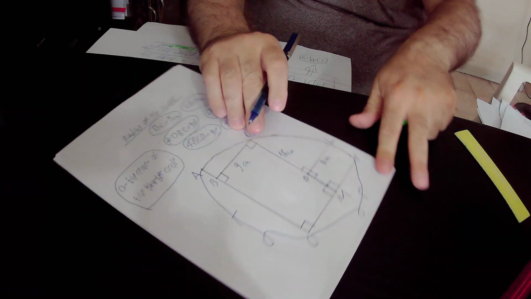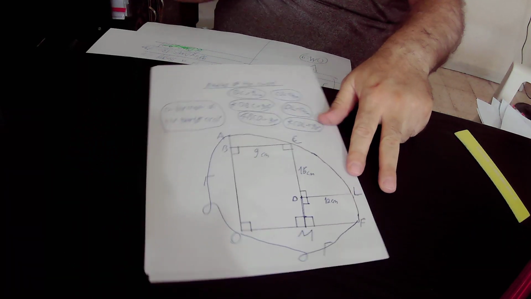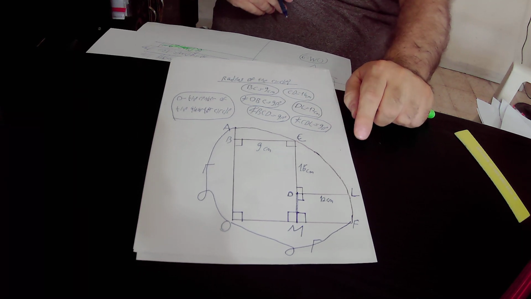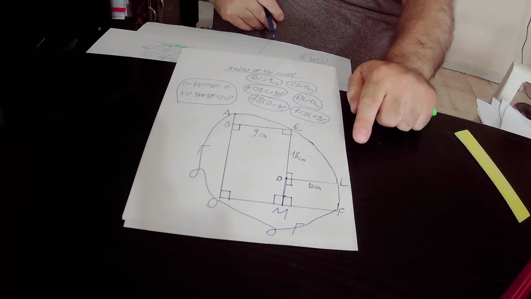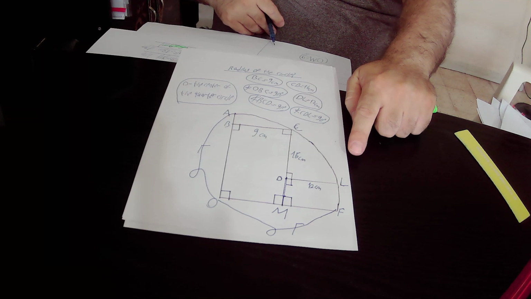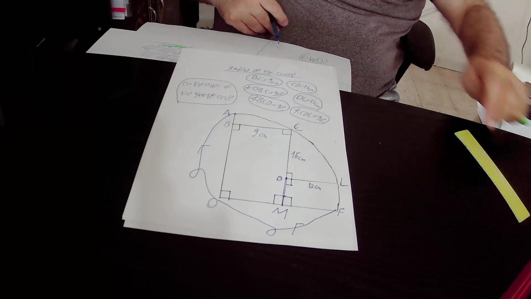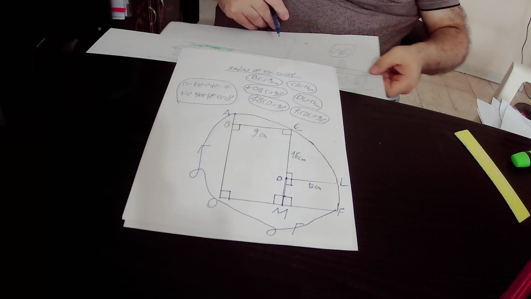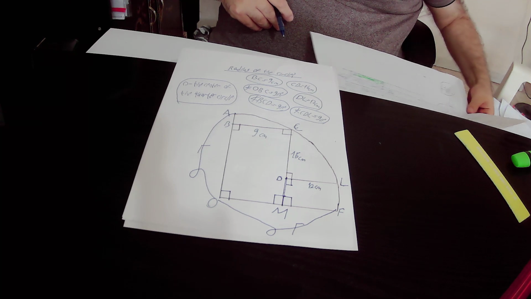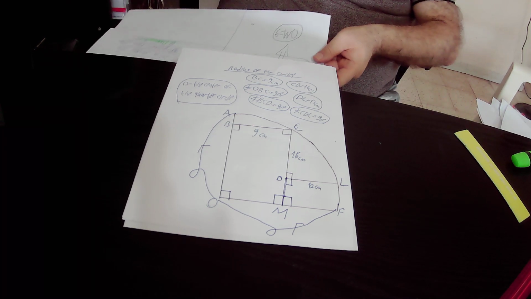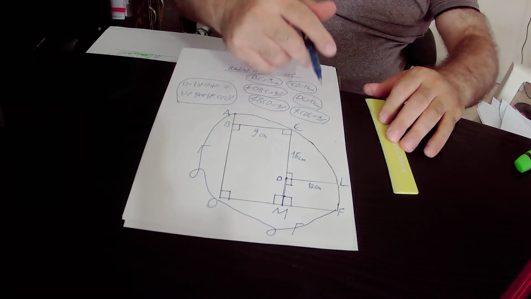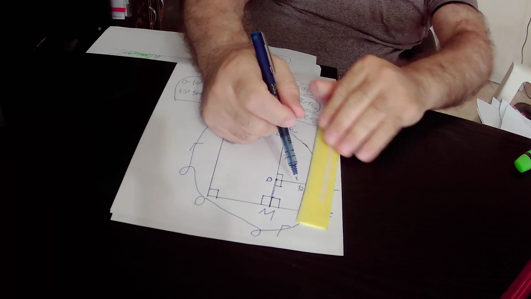In the next step, from point L, we will draw a perpendicular on the radius OF.